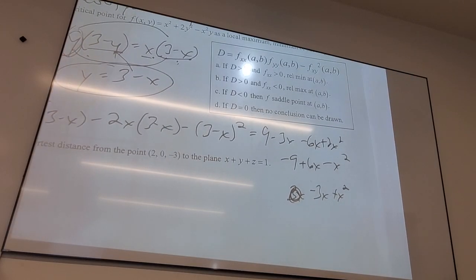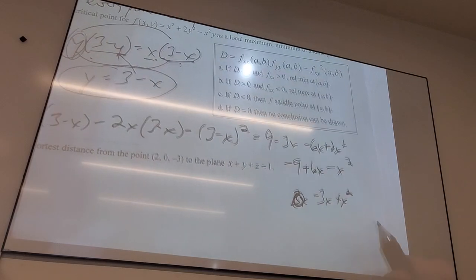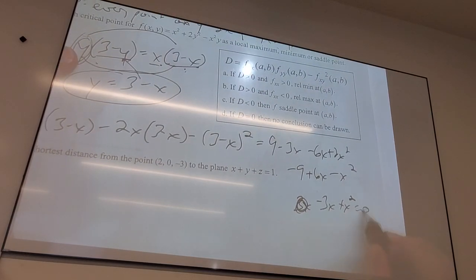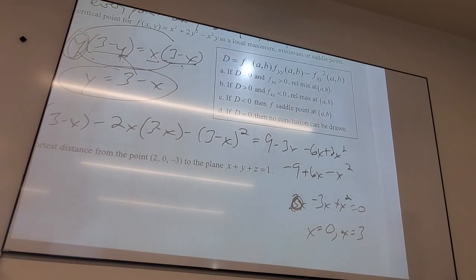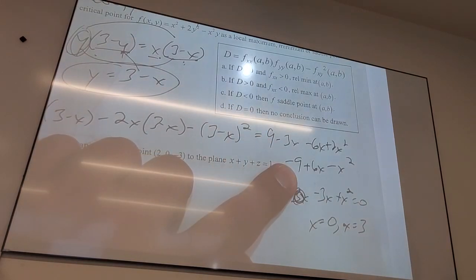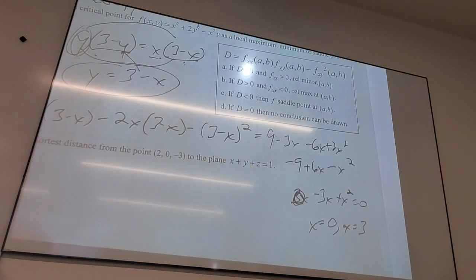And I want that to be 0. So either x has to be 0 or x has to be 3. Yes? What happened with negative 9? So again, what happened with negative 9? 9 minus 9. Oh. Yeah. I didn't like the look of them, so I threw them out.